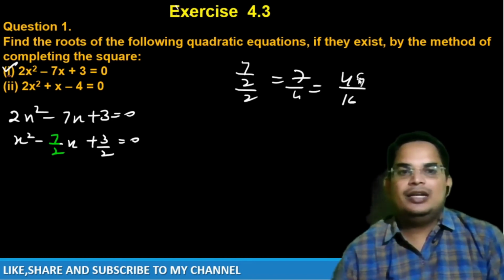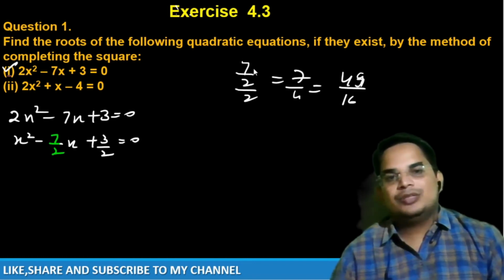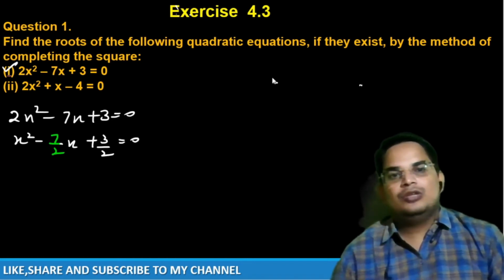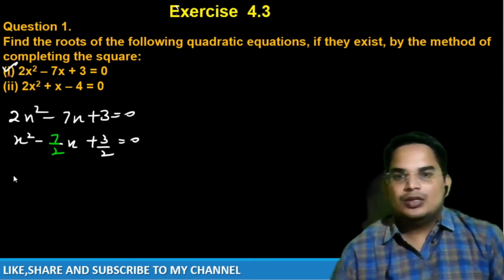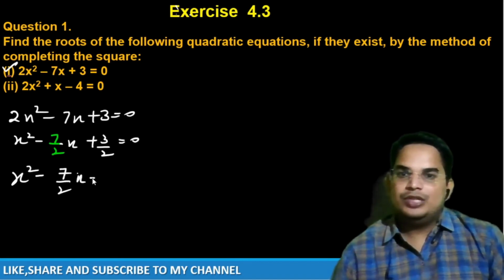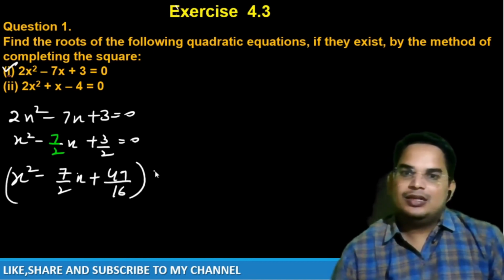So you have to add 49 upon 16 and you have to subtract 49 upon 16. So let's see how I will do it. This is x square minus 7 by 2x plus 49 upon 16 inside one bracket, and this is the minus 49 upon 16 plus 3 by 2 is equal to 0.